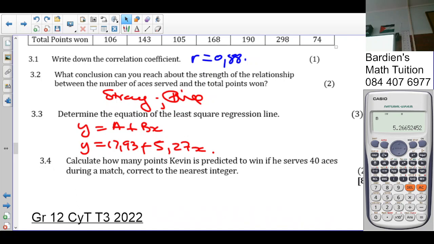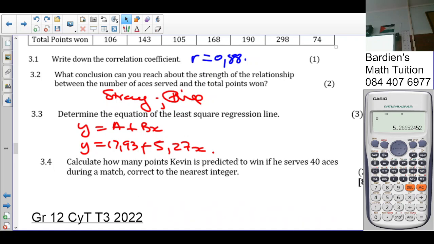Then the next question says, calculate how many points Kevin is predicted to win if he serves 40 aces during a match, correct to the nearest integer. The nearest whole number in other words. No? So it's going to be positive. So what we do is we then substitute 40 into x.